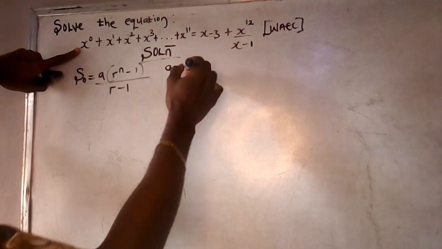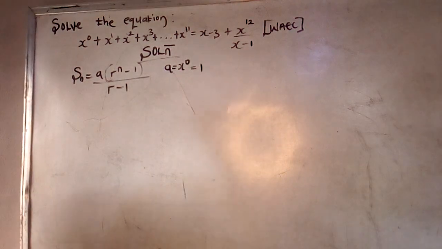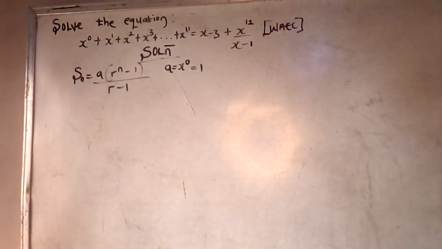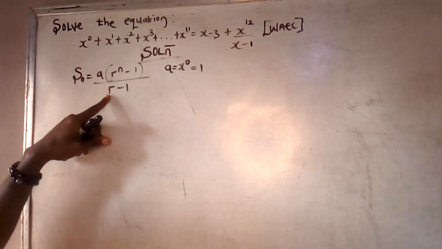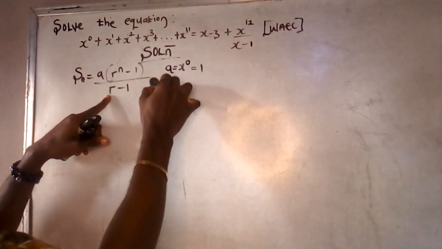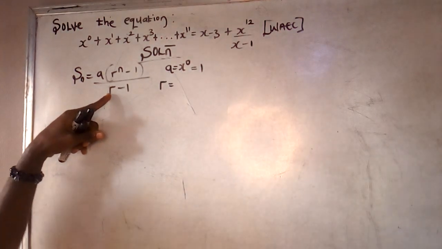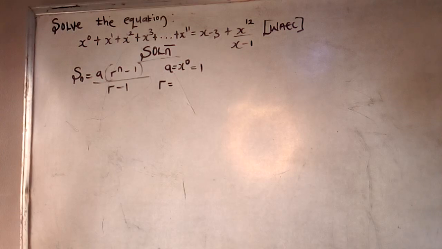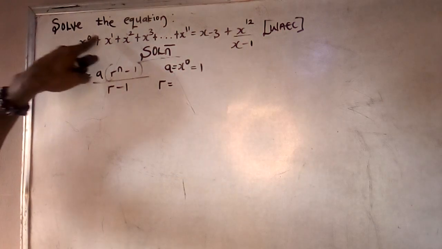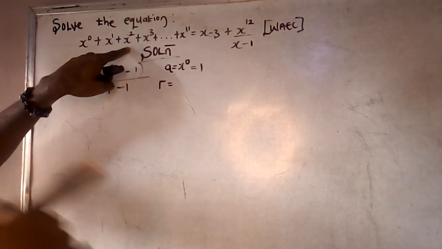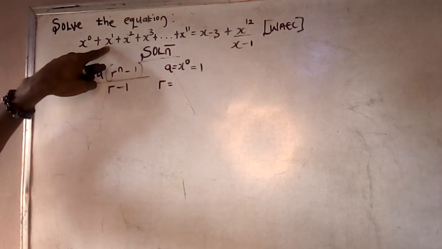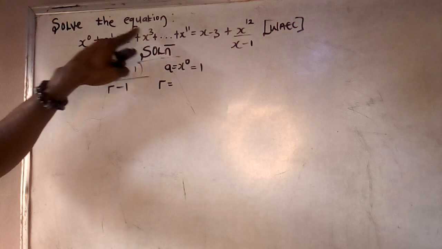Then x raised to power 0 is what? Is 1. According to the law of indices, anything raised to power 0 is 1. Then let's look at r, my common ratio. r signifies common ratio. Common ratio means the second term divided by the first term, or the third term divided by the second term, or the fourth term divided by the third term.